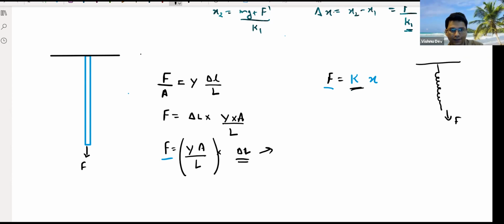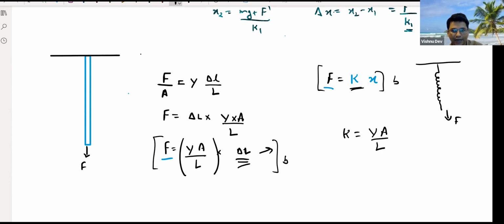So for this rod, what would be the value of K? Tell me, what will be the value of K? If you equate this term with this term, where delta L is x, what is K? K will be YA by L. Yes or no? Raise your hand, everyone.